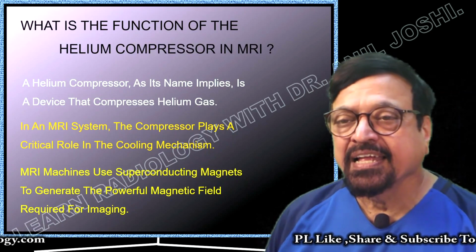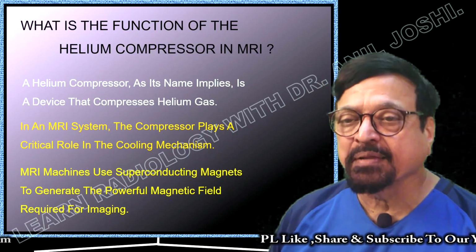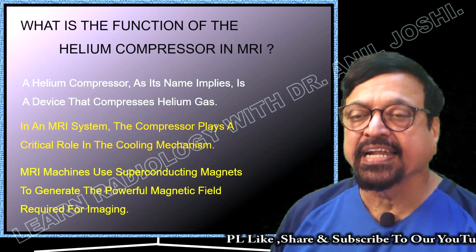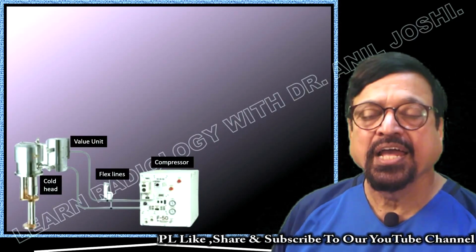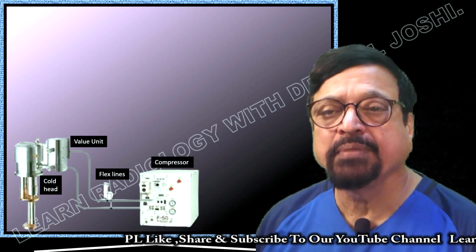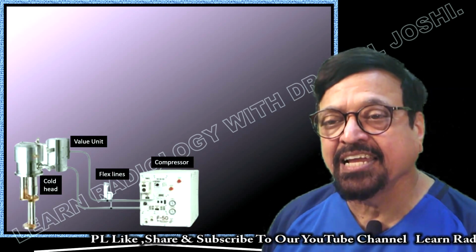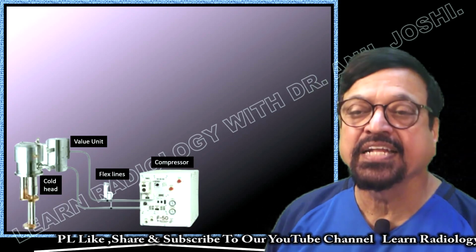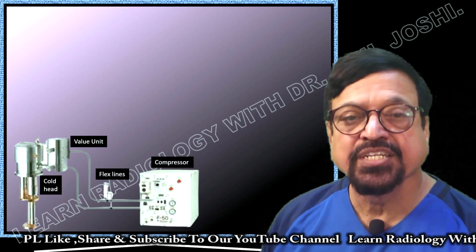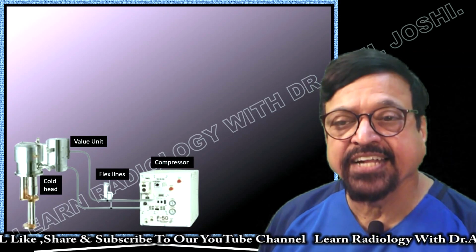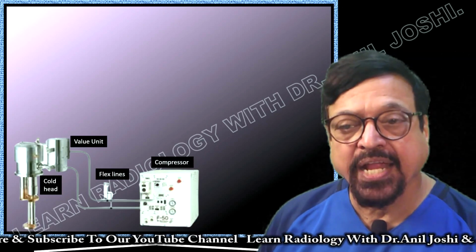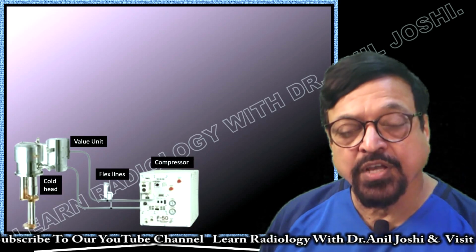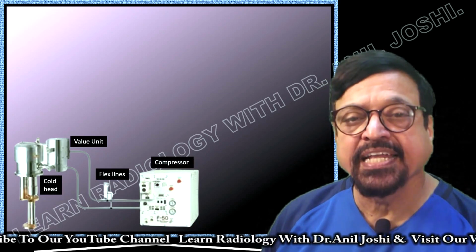The MRI machine uses superconducting magnets to generate the powerful magnetic field required for imaging, and for that you need a good compressor which can put this gaseous helium back into liquid form. Here you can see a cold head, which is a main component of the gantry or the magnet. The cold head is essential for circulating the helium.